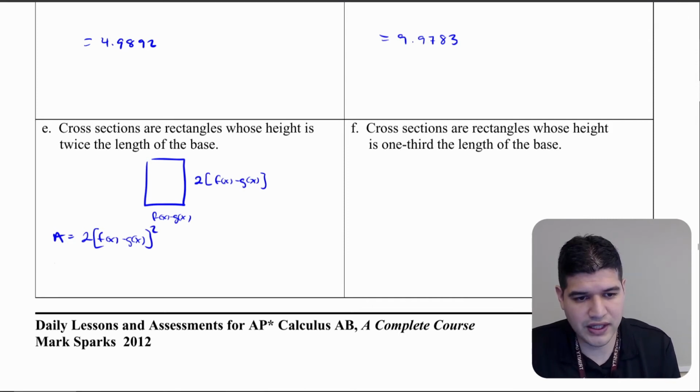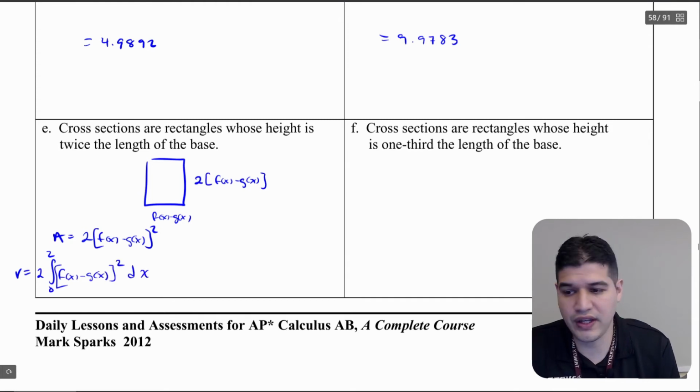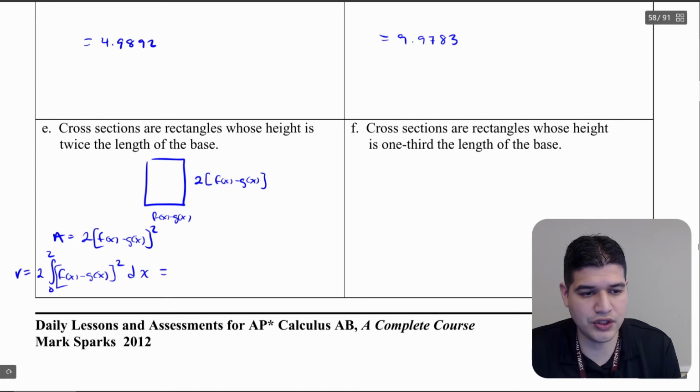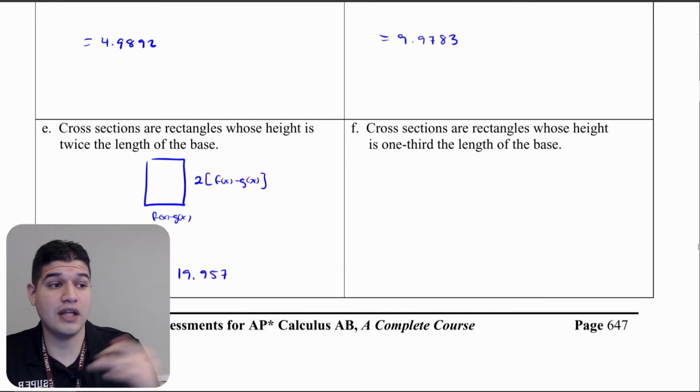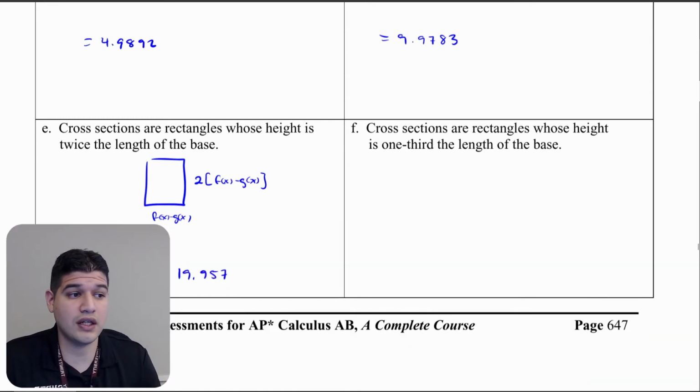So if I want to find the volume, well, that's going to equal the integral from 0 to 2 of the area, which is going to be 2 times f of x minus g of x all squared. So put that into your calculator, and you should get something very close to 19.957.